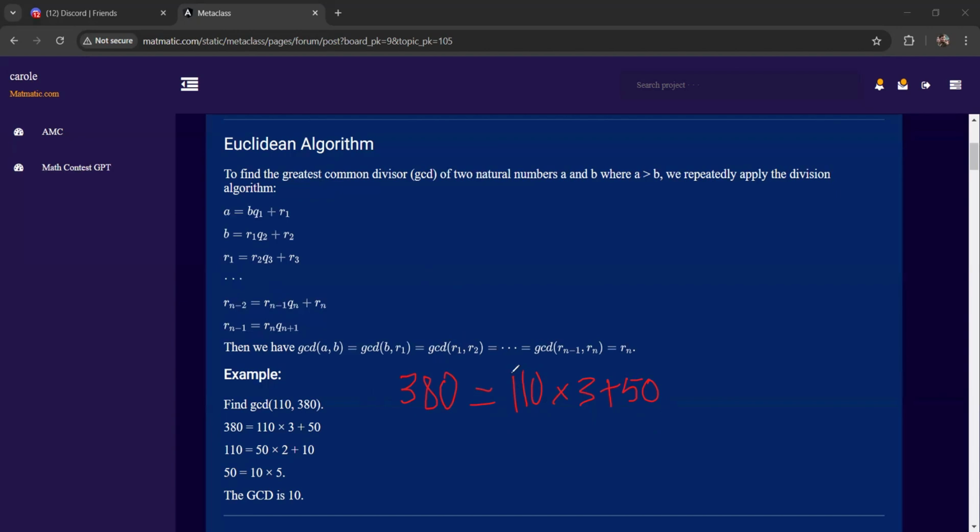So we take B here and we bring it down as our next dividend. And then we take the first remainder, which is 50, which gives us 50 times 2 plus 10.